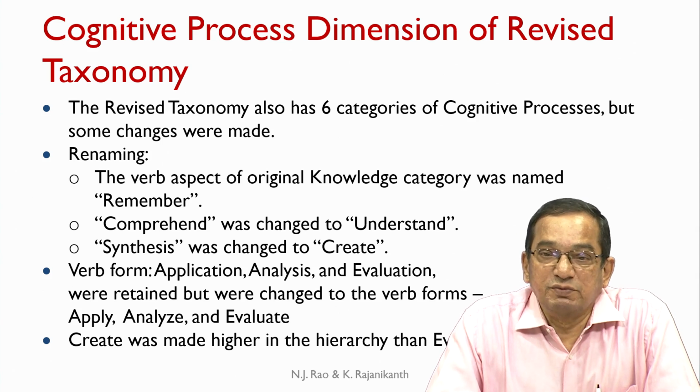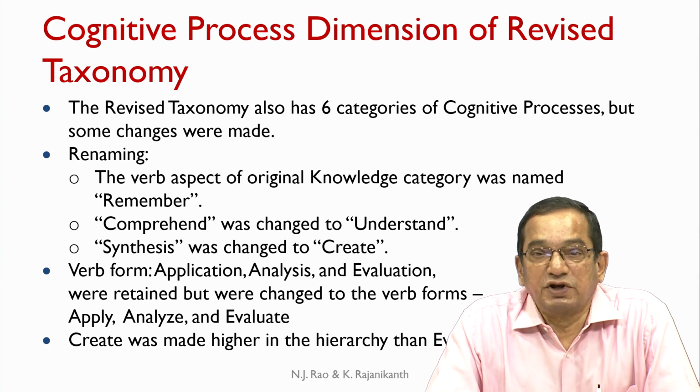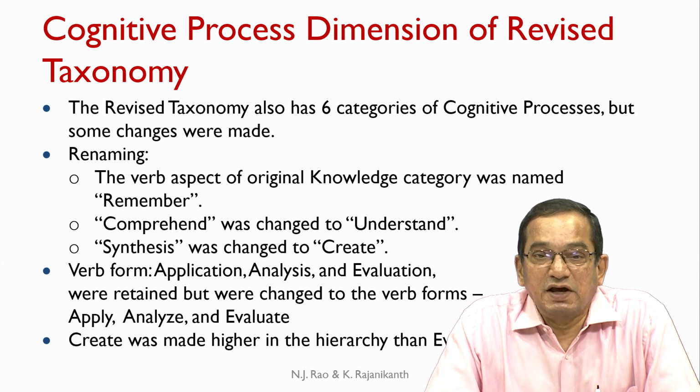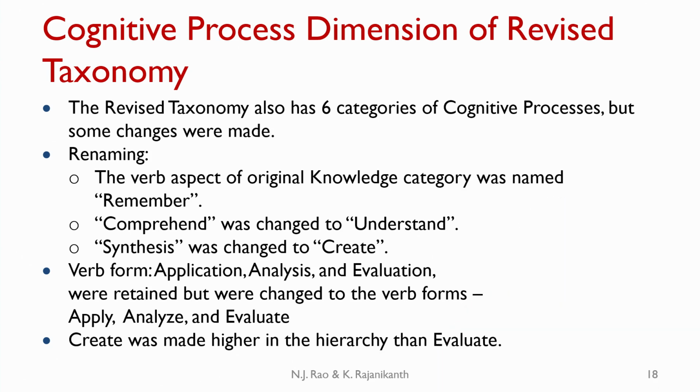The original taxonomy had synthesis, and that term was changed to create. Application, analysis, and evaluation were retained from the original taxonomy, but were changed to the verb form: apply, analyze, and evaluate.